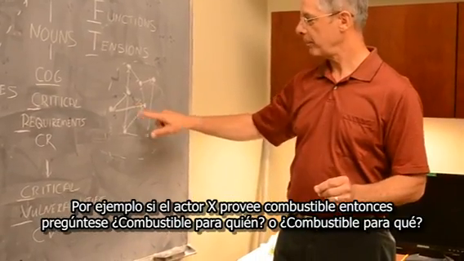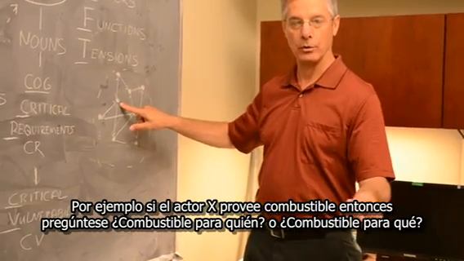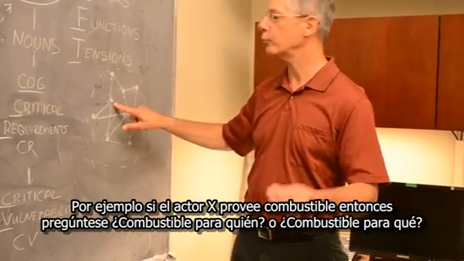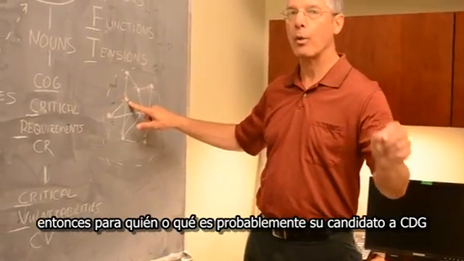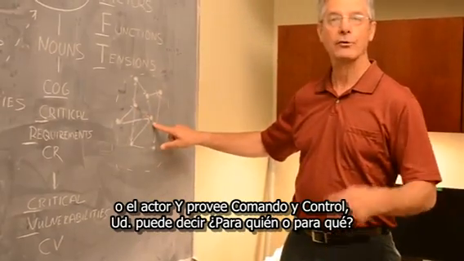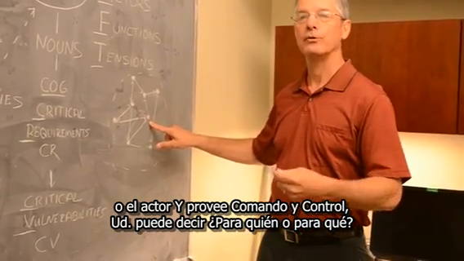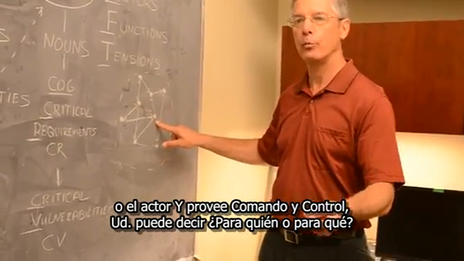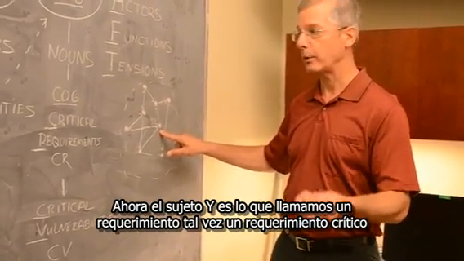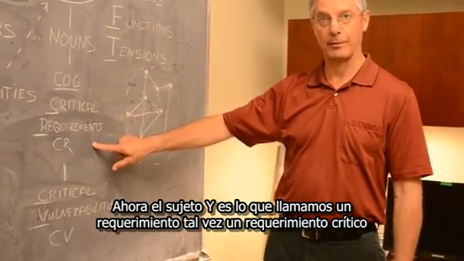For example, if actor X provides fuel, just ask fuel to whom or fuel to what. That to whom or what is probably your center of gravity candidate. Or if actor Y provides command and control, you can say command and control to whom or to what. And that would suggest Y is what we would call a requirement, perhaps a critical requirement, but it's not the primary doer.